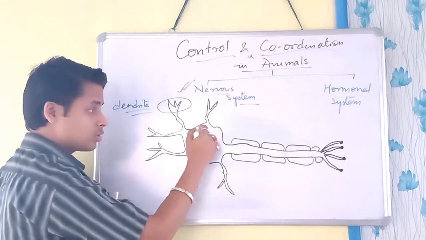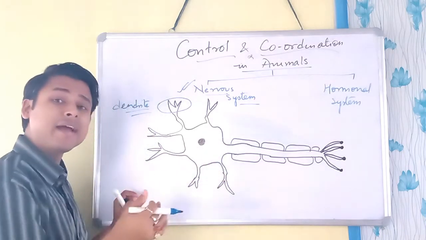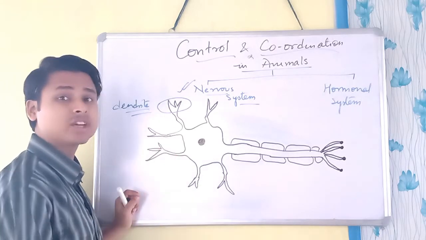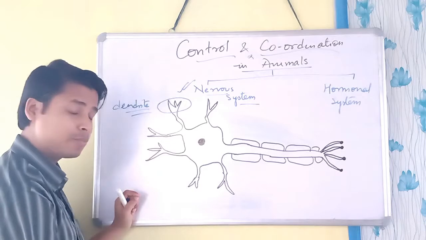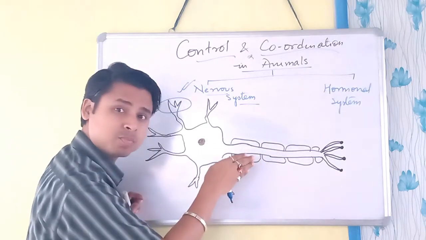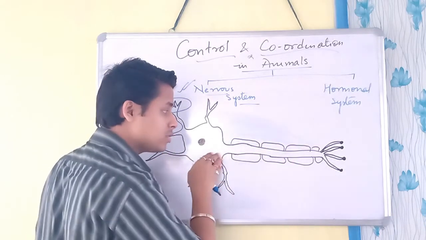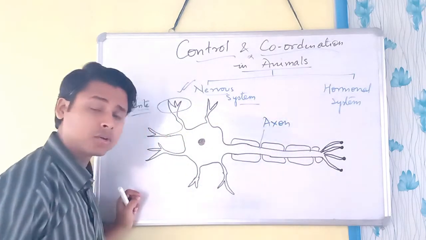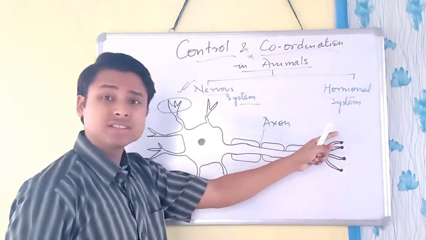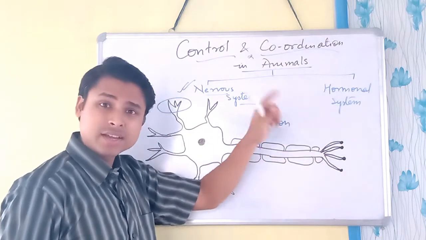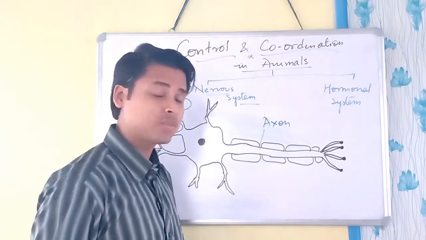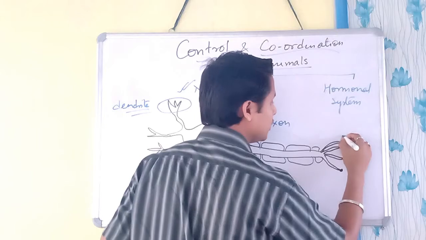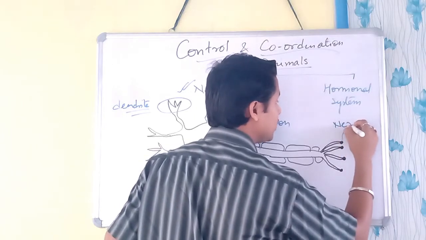This is the nucleus, right? This is coming to the cell body, and then the information travels in the form of electric impulse. When this information is received, it travels in the form of electric impulse, right? It travels through the axon, and then this electric impulse gets transmitted to a chemical signal in the nerve ending.